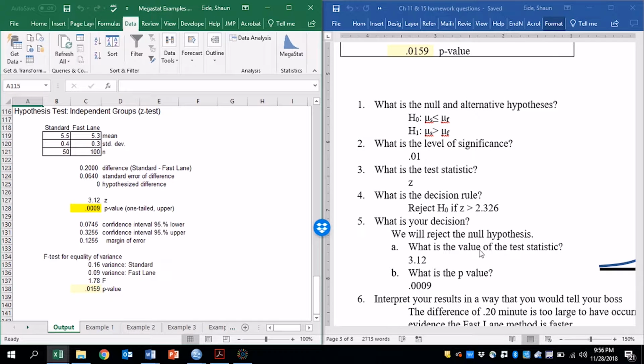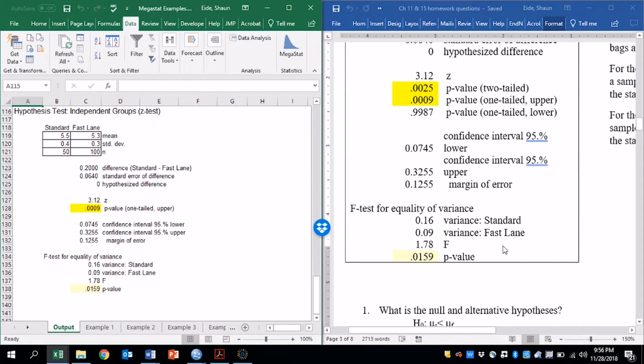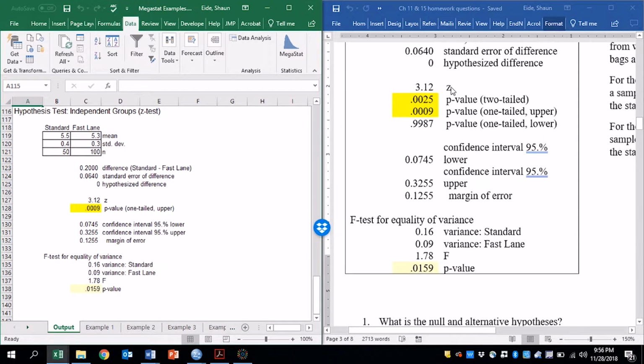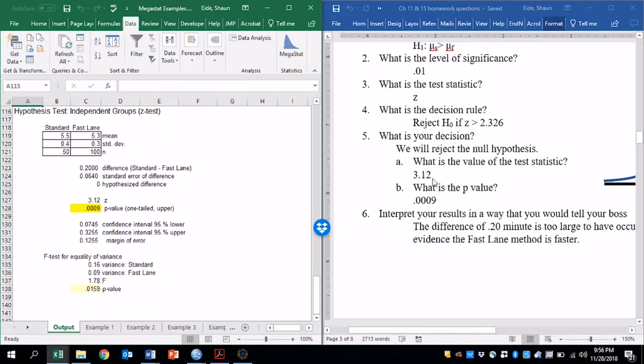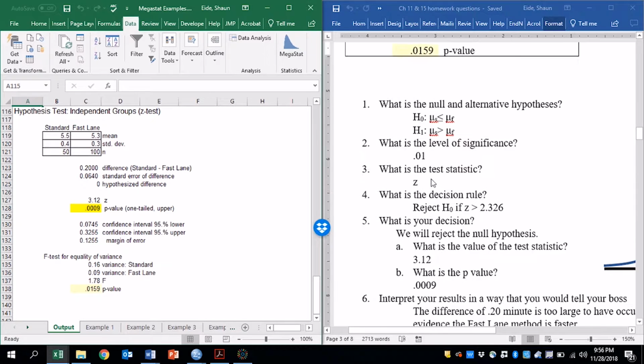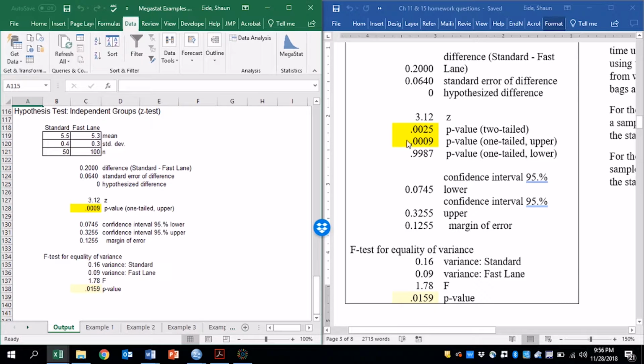So what is the value of the test statistic? We go up here and we find that z is equal to 3.12. So the value of the test statistic is 3.12. And what is the p-value of that? Since we're doing a one-tailed right-tailed test, or a one-tail upper-tail test, the p-value is 0.0009.